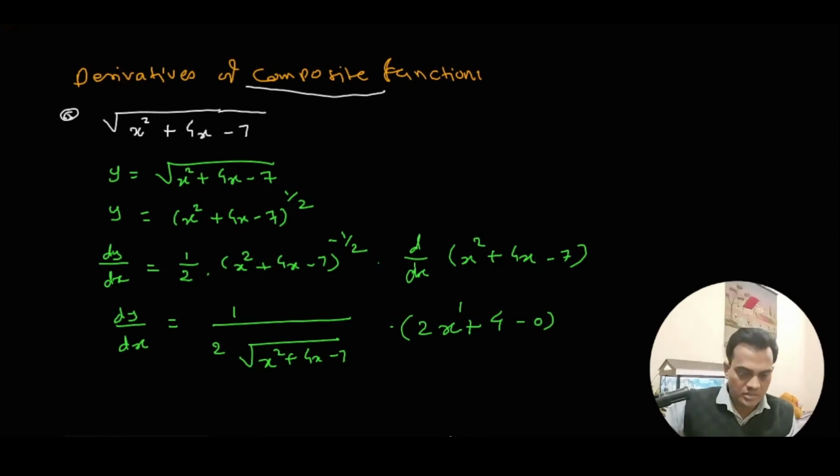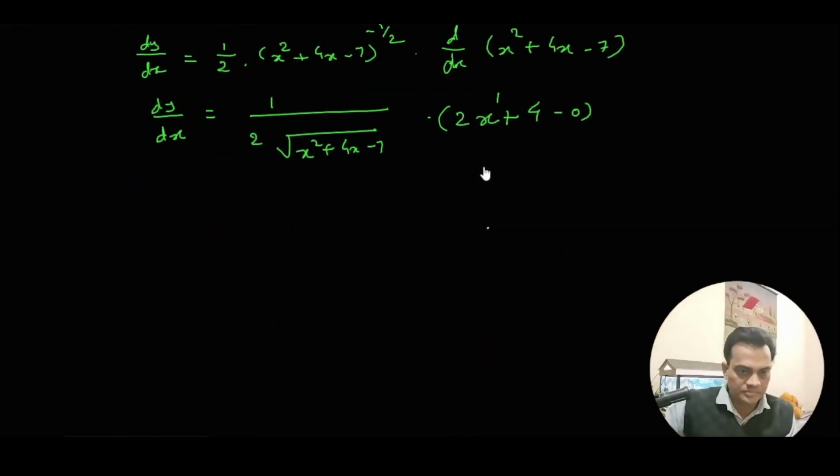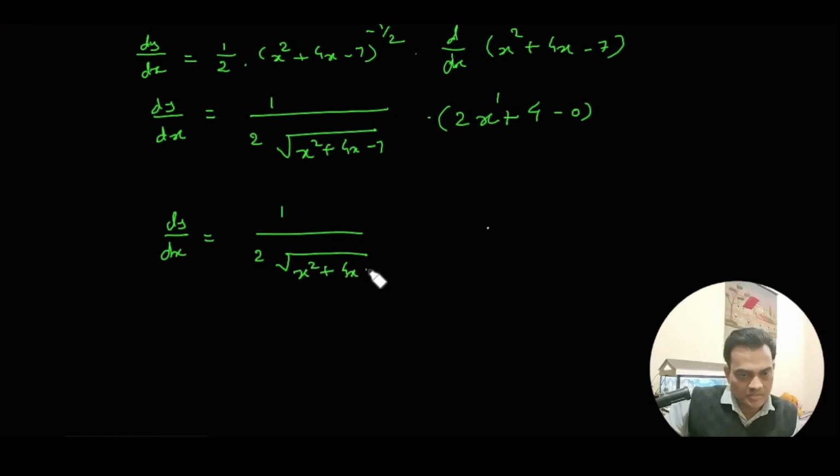If you solve this, you come to dy by dx equal to 1 upon 2 square root of x square plus 4x minus 7, into 2x plus 4.